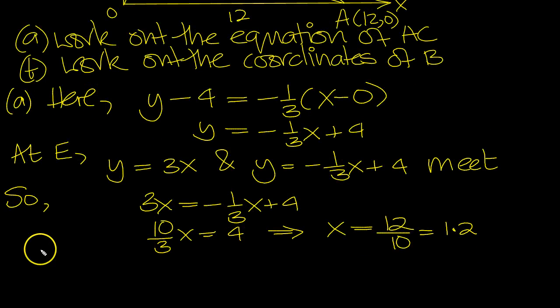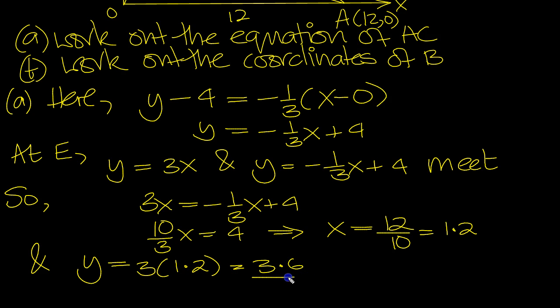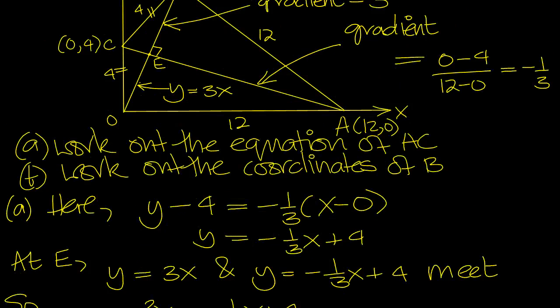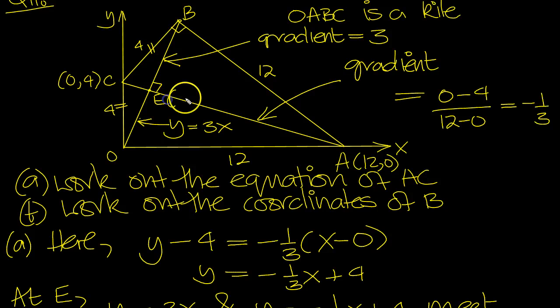And then we can work out y. It's 3x, isn't it? So it's 3 lots of 1.2, equals 3.6. So we know this coordinate here, E, is 1.2 and 3.6. The reason we worked that out was because of symmetry: this length, I'll put 3 dashes on it, is the same as this length.